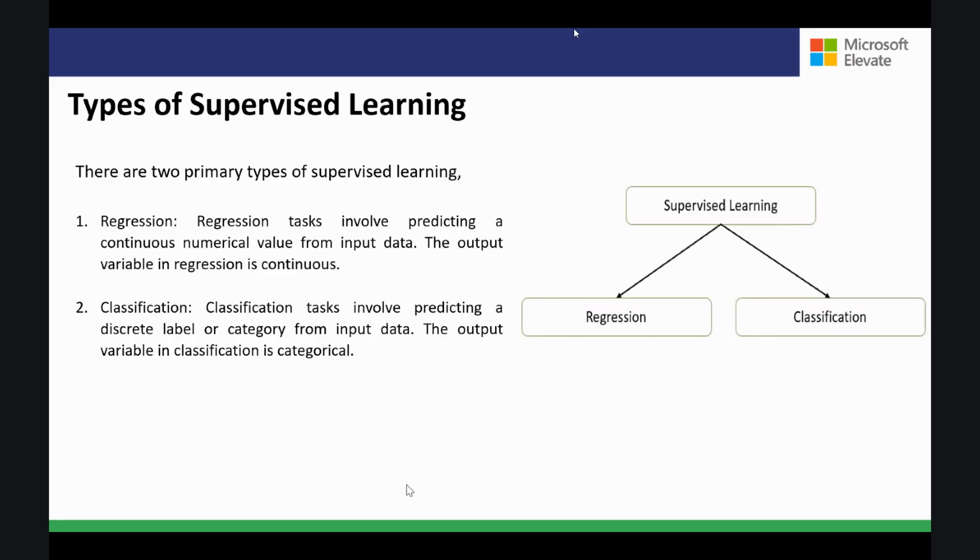Both work on weights, both work on a simple line. Yes, now Shesh is correct. Linear regression predicts continuous numerical values using a straight line, while logistic regression predicts categorical using a straight line. Okay, again using a straight line. So this is the basic reason why both are called regression.